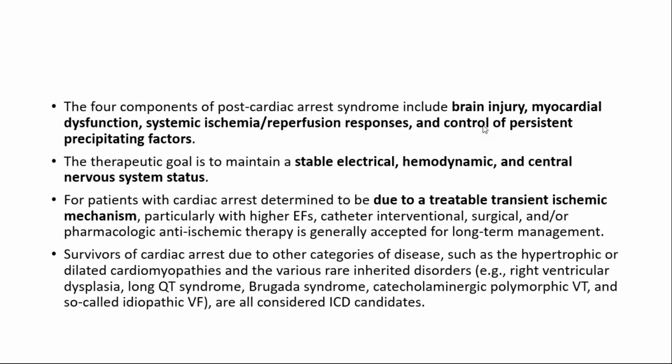We have to prevent brain injury, look for myocardial dysfunction, and control the precipitating factor, that is, hypokalemia, hyperkalemia, hypoxia, tamponade, pneumothorax, which are causes of asystole. We have to manage that promptly so that we can prevent further collapse. The therapeutic goal is to maintain stable electrical, hemodynamic, and central nervous system status.